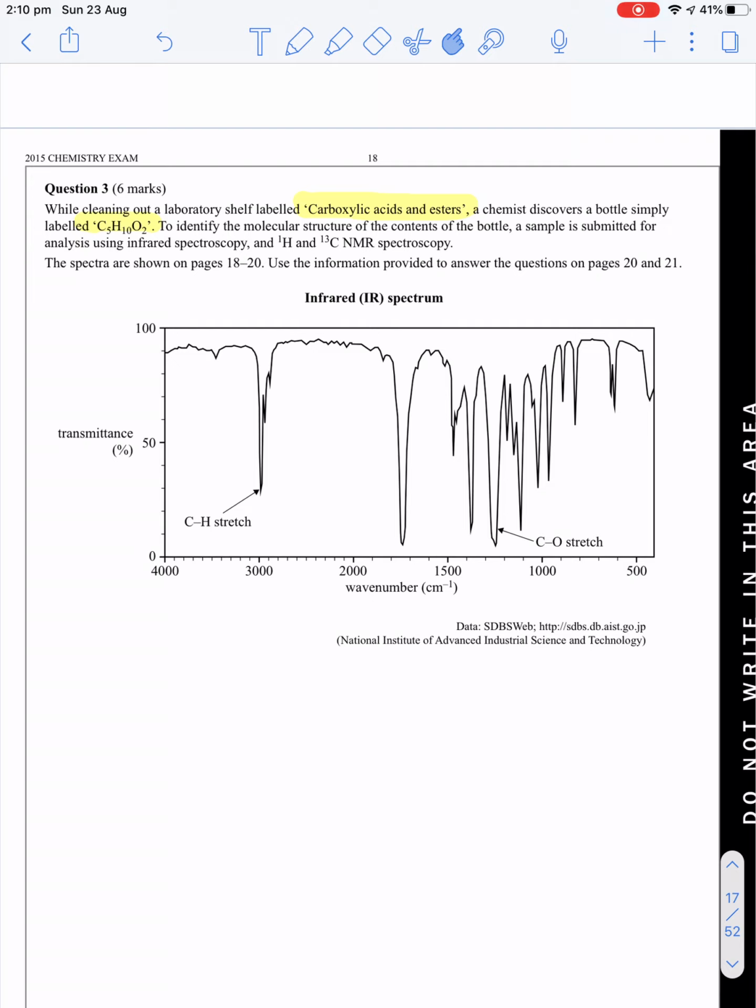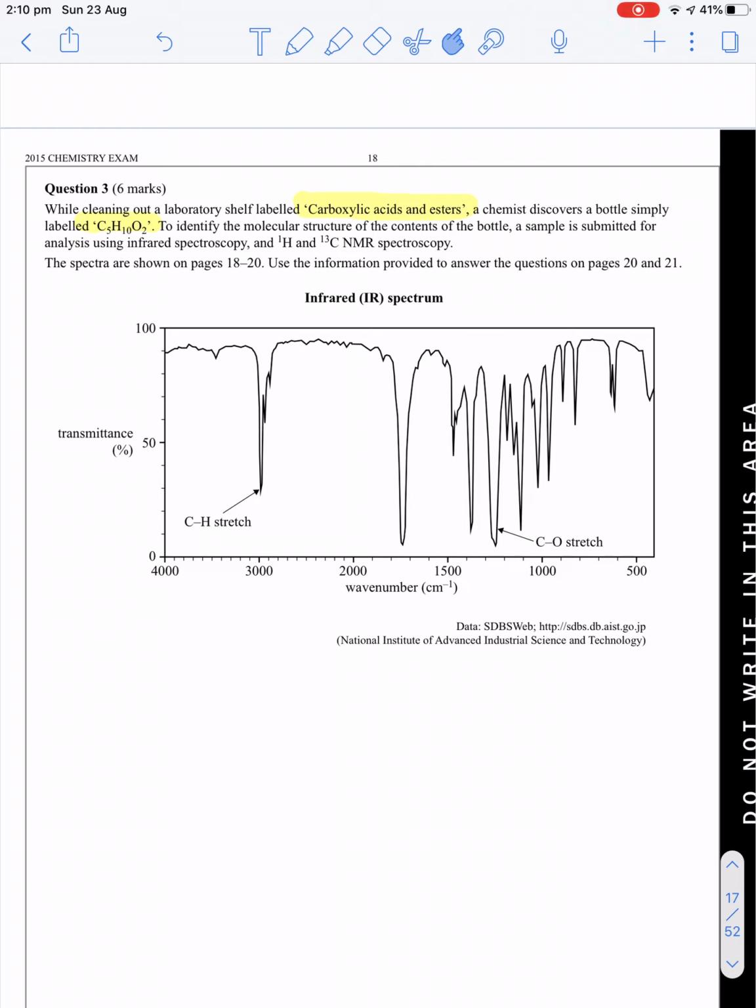We've been given an IR and I've highlighted the keywords and molecular formula, which is very important to help us out. I've been told specifically that it's going to be either a carboxylic acid or an ester, and the molecular formula with 2 oxygens in it reflects that.